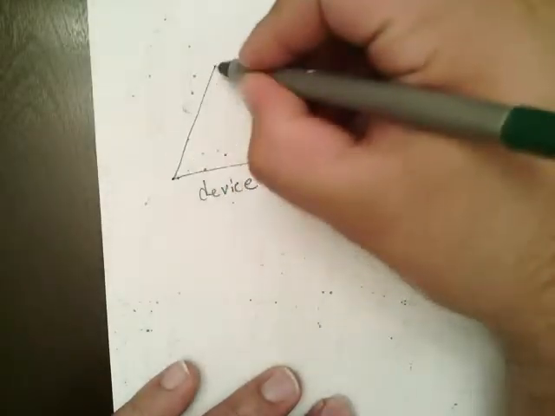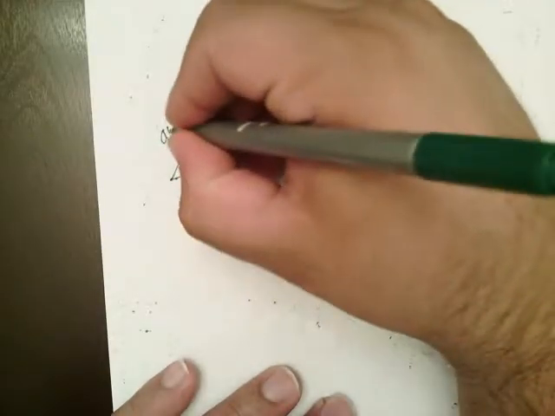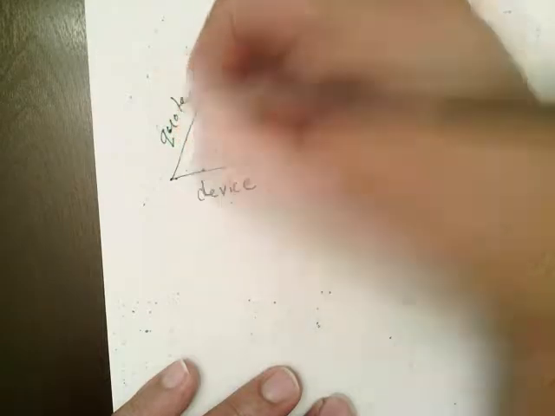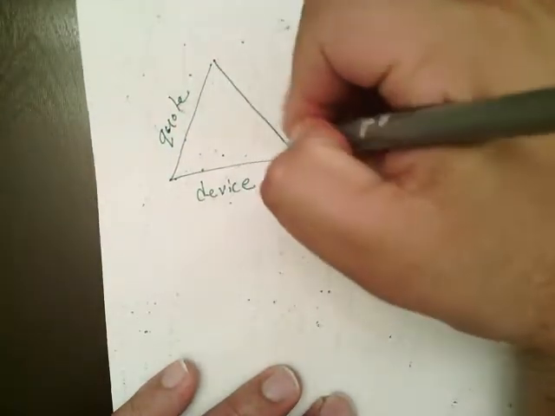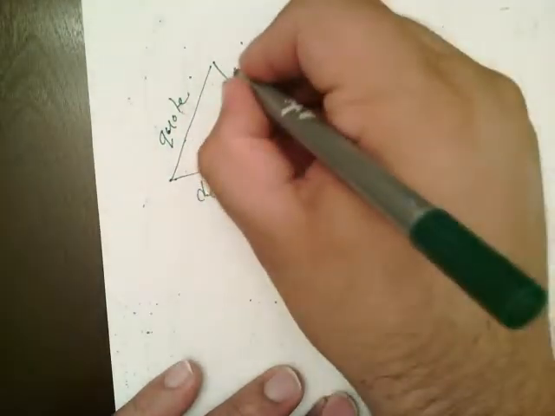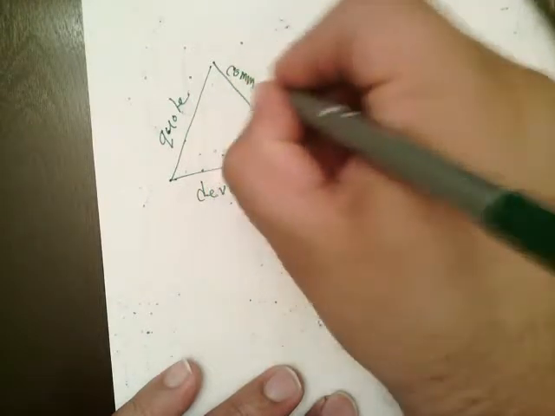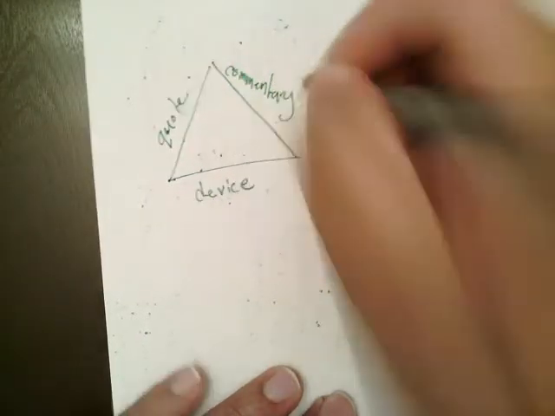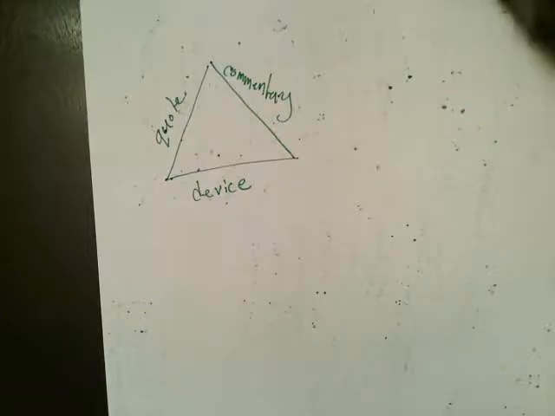On this side of the triangle, we're going to have a quote, and on this side of the triangle, we're going to have commentary. So that is going to be our analysis of what's going on.